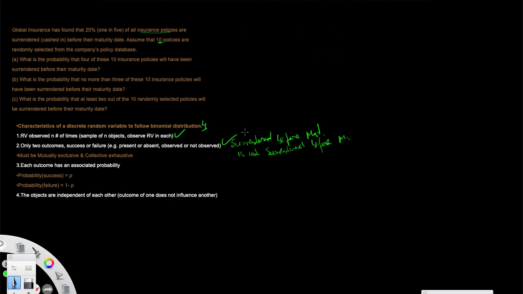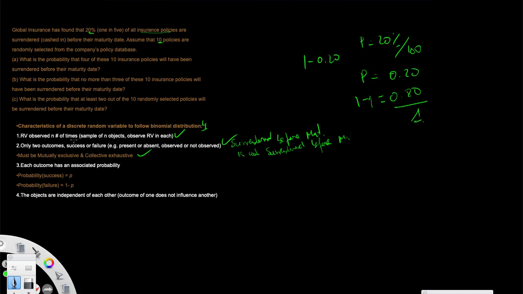So this is also met, and we can see that both of them are mutually exclusive, which means that they cannot happen at the same time, and they are collectively exhaustive because the probability of the policy being surrendered is 20%. Remember, you divide by 100, then you get 0.20. When you do 1 minus this 0.20, you get 0.8. So 1 minus p is 0.8, and they are collectively exhaustive because you get 1 here. So this one has been met as well.